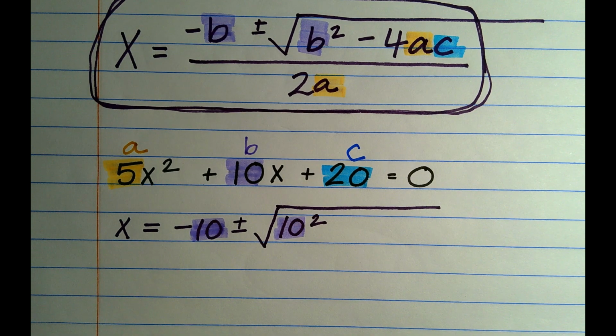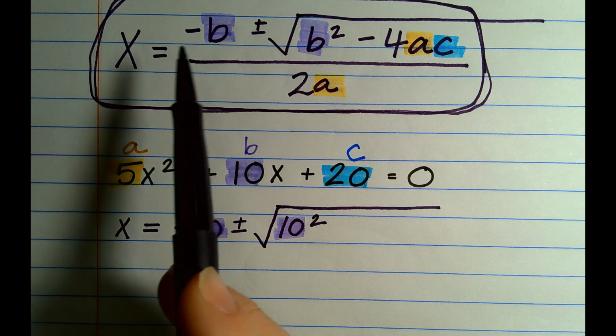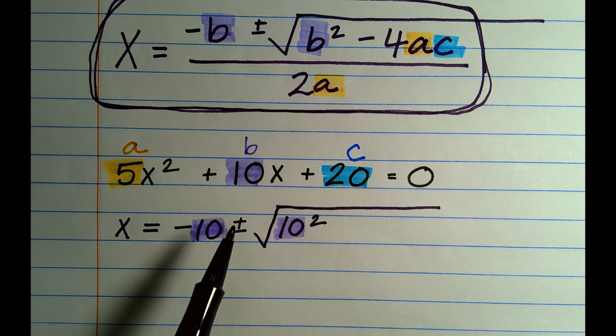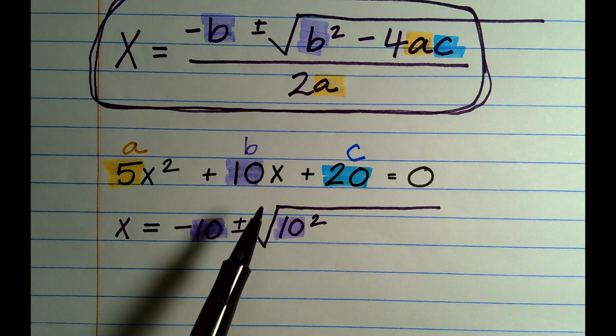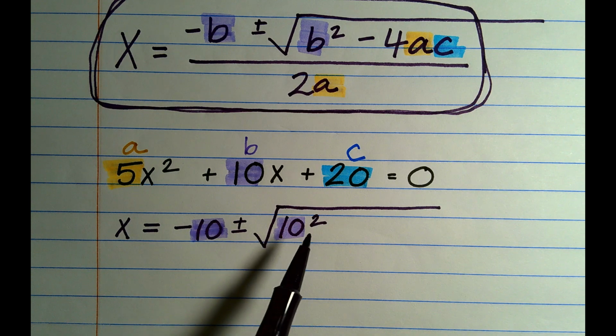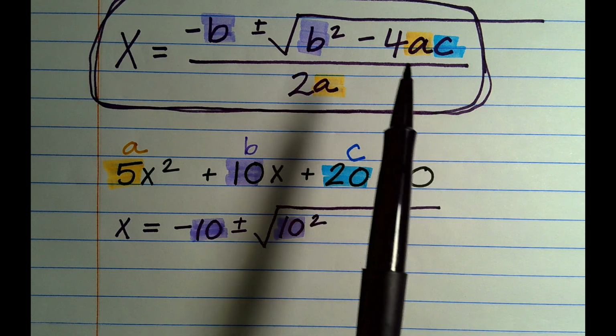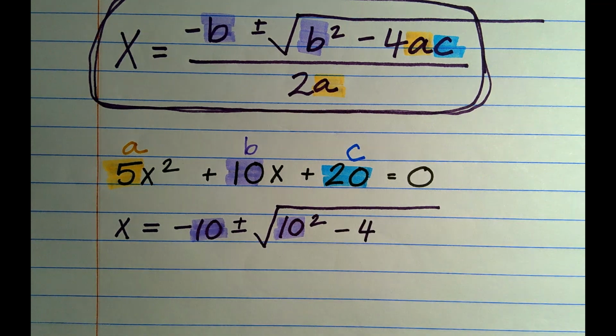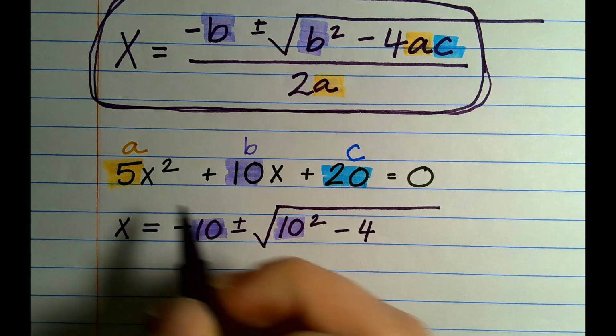So up to this point I have negative B plus or minus the square root of B squared. Negative 10 plus or minus the square root of 10 squared. What comes next in the formula? Minus 4. Good. Minus 4. What? Times 5. Good. Times 5.